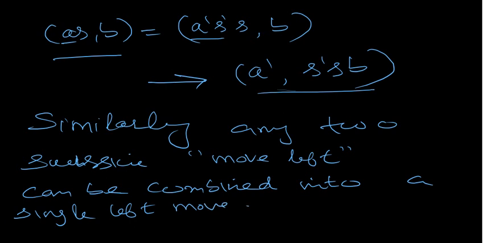So it means that there are no successive right moves or successive left moves. In other words, these moves are alternate. If the sequence starts with a left move, then the next move will be right, then left, then right, then left, then right. So the moves are alternate, left and right. There are no successive right moves or left moves, because we can club two right moves into a single right move. So we may assume that.